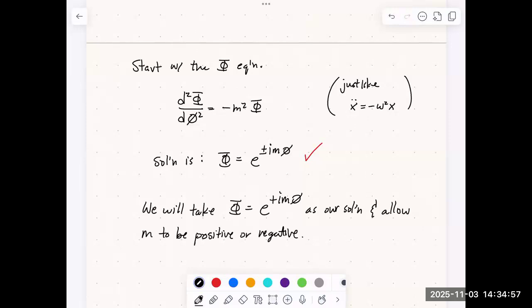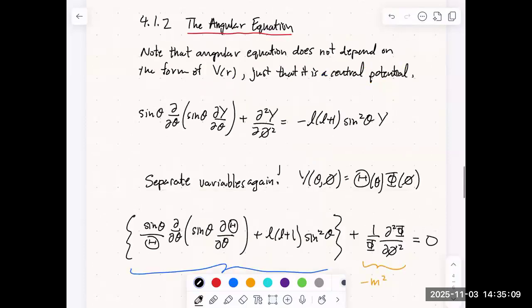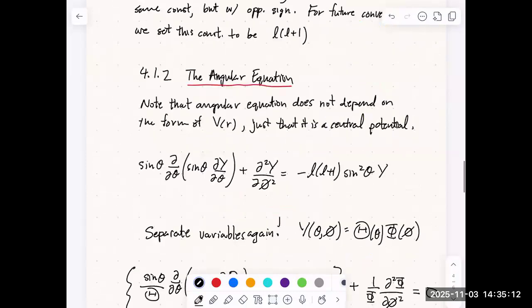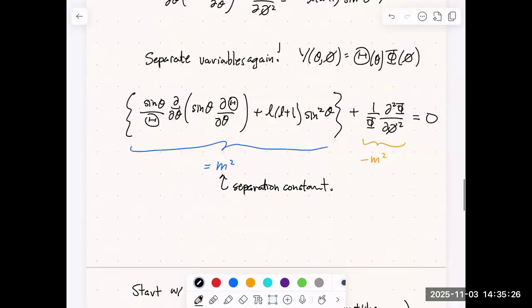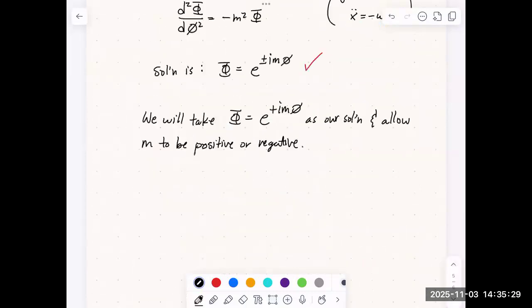You could complain that there should be some overall integration constant here. But because psi is going to be equal to the product of two functions, I can just absorb its normalization constant into the theta function. So we still have overall normalization to worry about, but we'll worry about it when we do the theta equation.